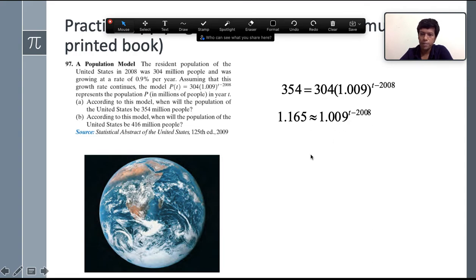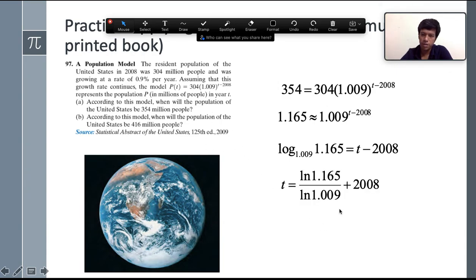Then we have a situation where we have to take the logarithm on both sides. You can take log also if you want, no problem. But ln is better here, because if there is an e, then ln is better. See, if you take ln, it comes like this. Both will give us the same answer for sure.